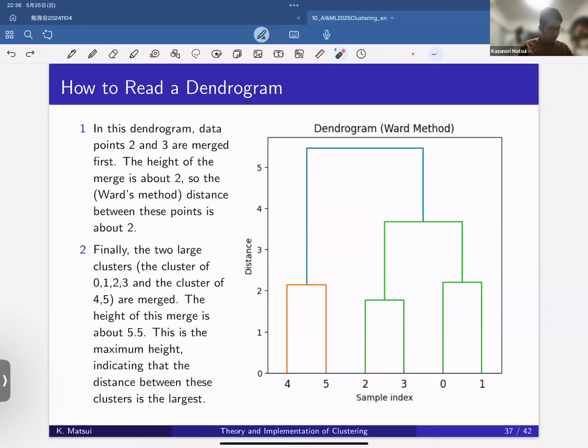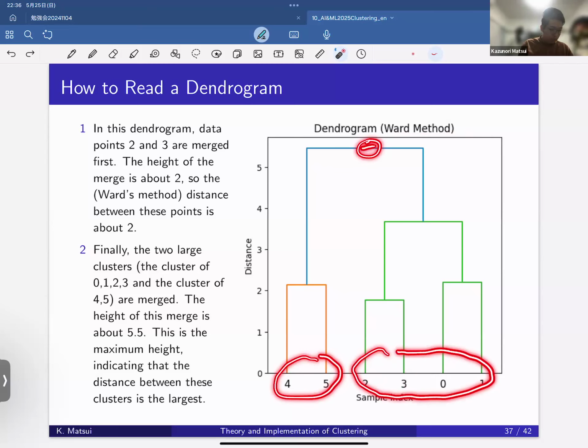Finally, the two large clusters, the cluster of 0, 1, 2, and 3, and the cluster of 4 and 5 are merged. The height of this merge is about 5.5.